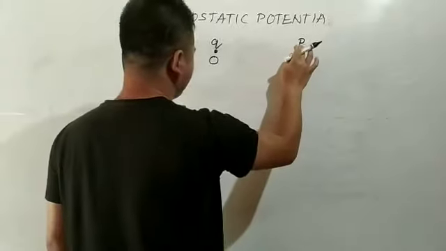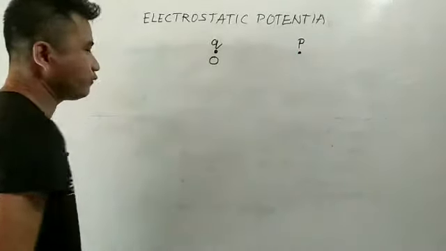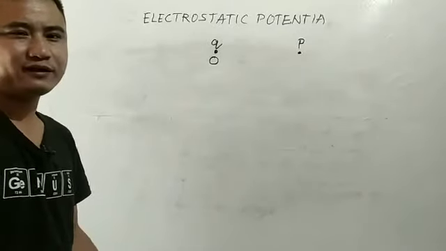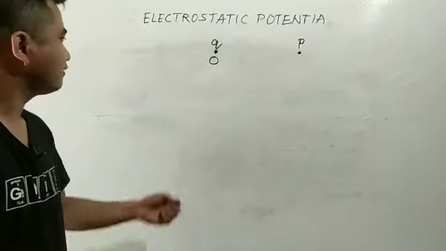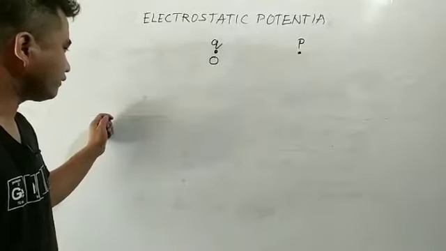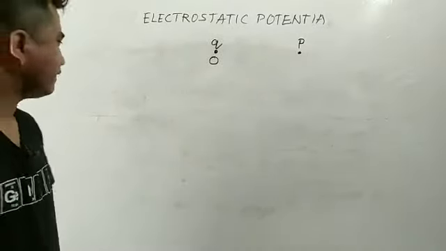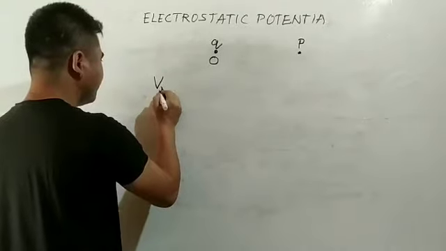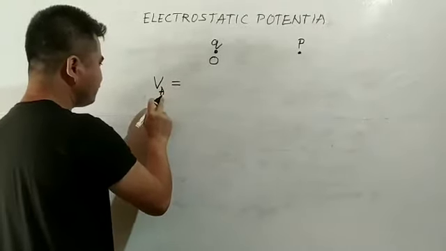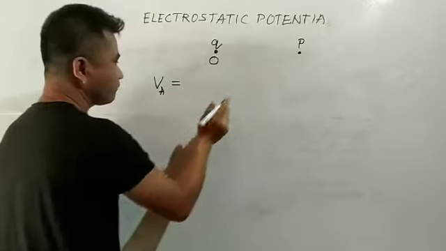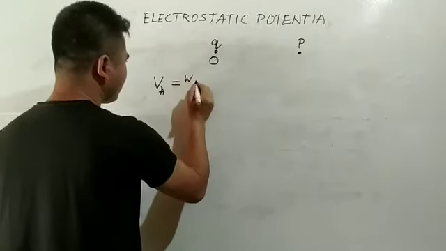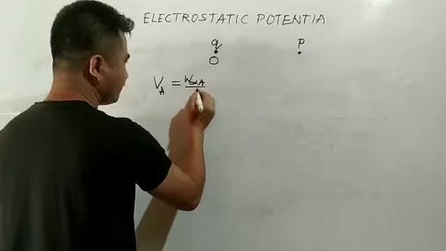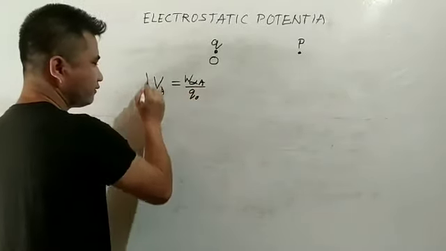So this is point P and this is point O. In order to find electrostatic potential, we need a test charge. According to the definition, the electrostatic potential VA at a point is the work from infinity to point A divided by the test charge.